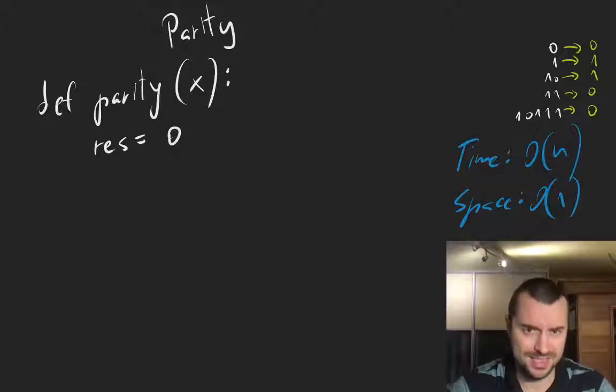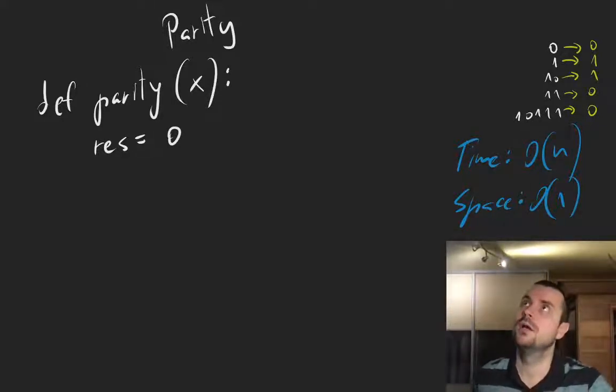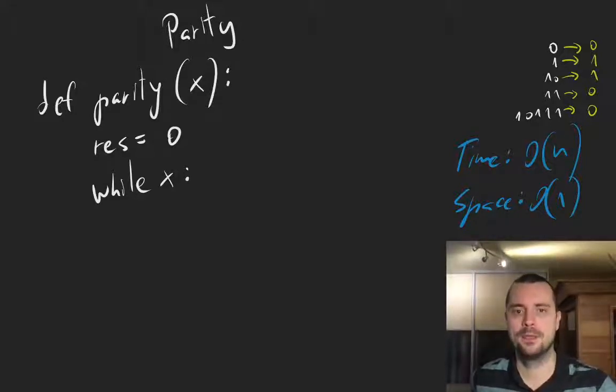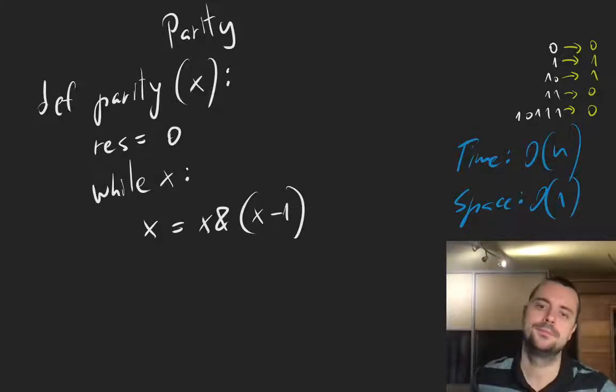It will start as 0, because if the number is 0, we have no ones, and we return a result which is correct. Okay, and while x is not 0, what do we do? We remove 1, right? If we know it's not 0, it has at least one bit. So we do x and x minus 1, right?